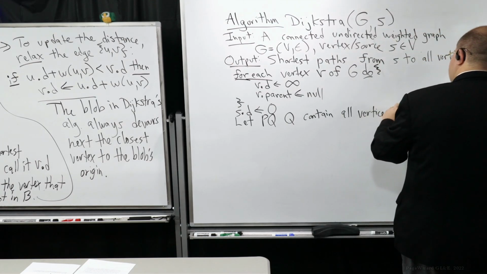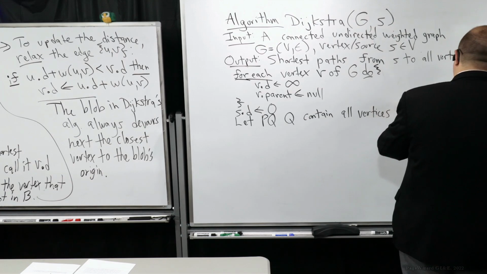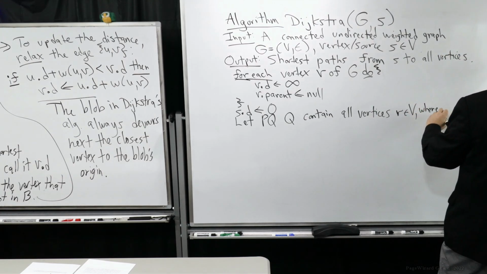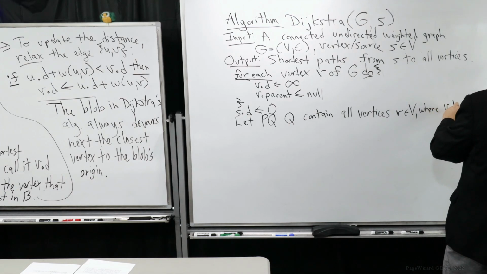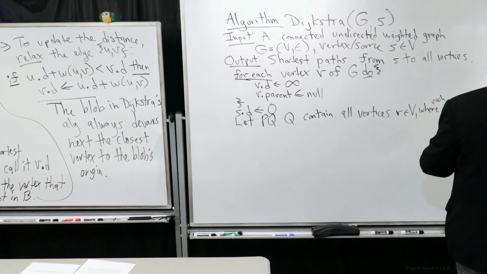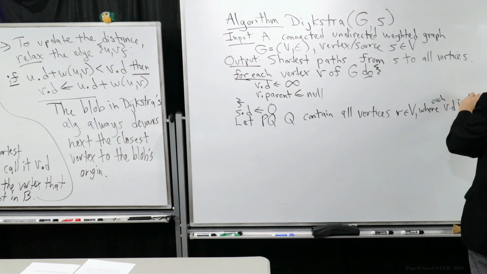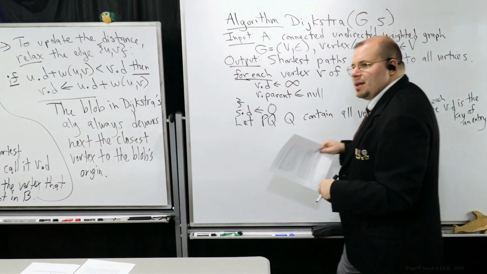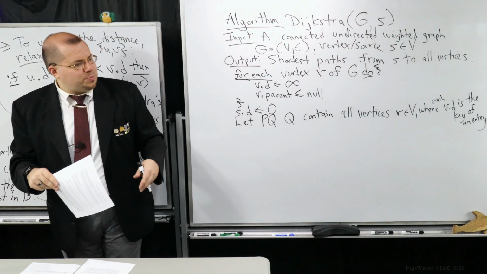All vertices v in V, where each v.D is the key of an entry, right? So this is something we've established earlier with Prim's algorithm.